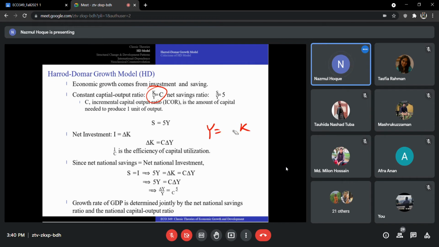Let's call it A. In that case, this constant C is equal to K over Y. This is our increment, known as the capital output ratio or incremental capital output ratio.